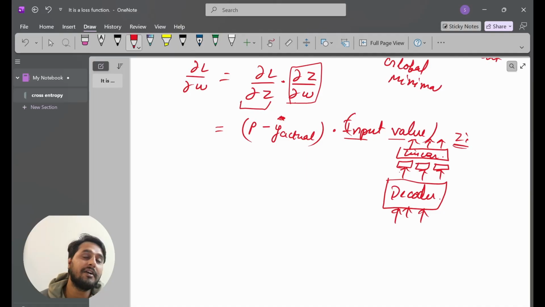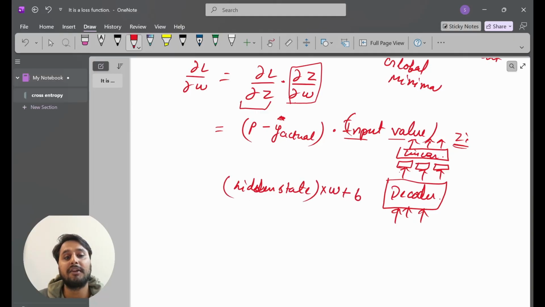What have we done inside the linear layer? We took the hidden state and did a dot product: hidden state multiplied by weight plus bias. And this hidden state is basically these output vectors. We multiply with weights and bias, and this is basically our Z.